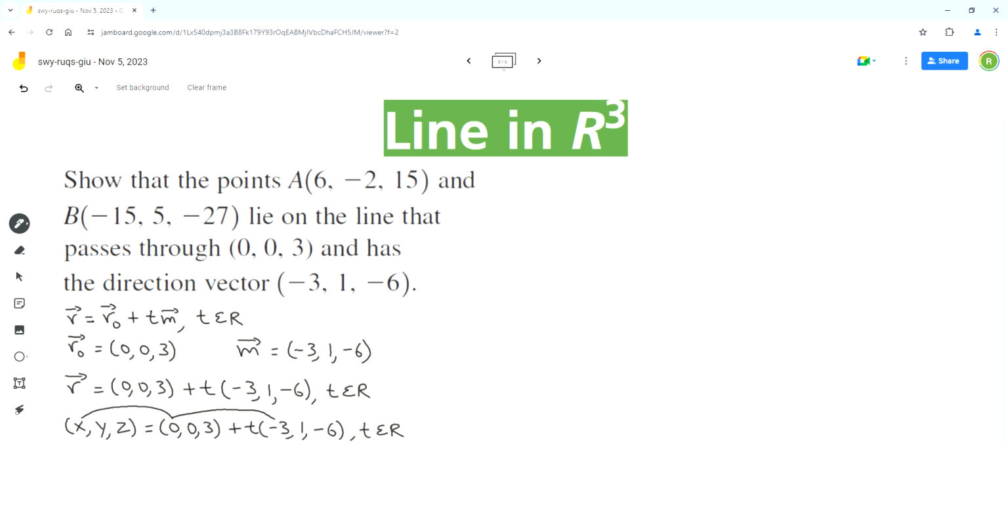So the x equation is, and we can ignore the 0. So we can rewrite the equation as x equals minus 3t. Now we can write the y equation using the y components.